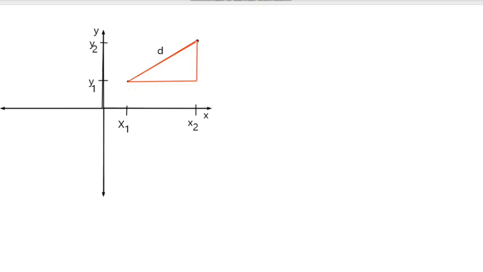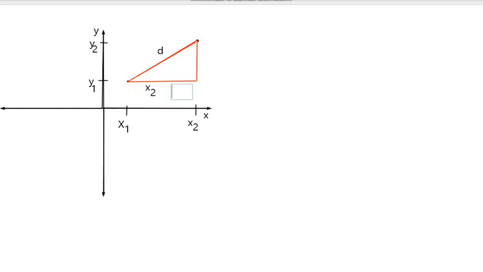As you can see, they meet at some point there. And then what we're going to do is find the length of the legs. To get the length of this leg of the right triangle, it is just the difference between x sub 2 and x sub 1.